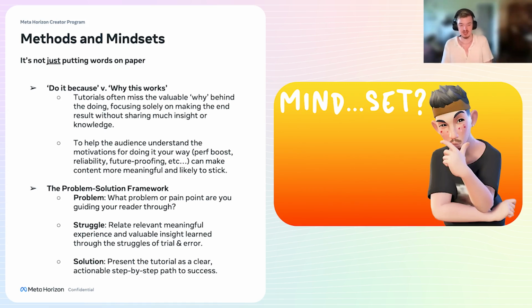There's a lot of opportunity, as I said, to share the why, to share that struggle, to help the reader understand. There's a lot of valuable and meaningful insight to share here. And of course, most importantly, is the solution. These are the clear, actionable, measured, step-by-step steps to success, to getting the finished product.